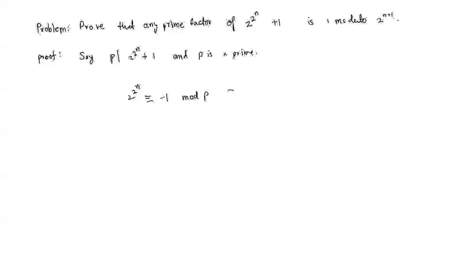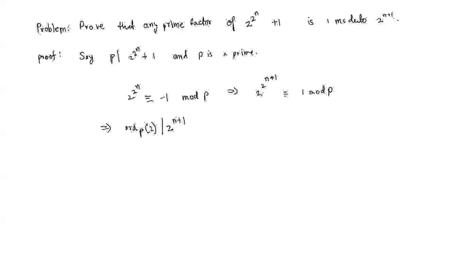That implies that if you square it, you get 2 to the power 2 to the n plus 1 congruent to 1 mod p. So what does it give about the orders? It gives that the order of this number divides 2 to the power n plus 1.